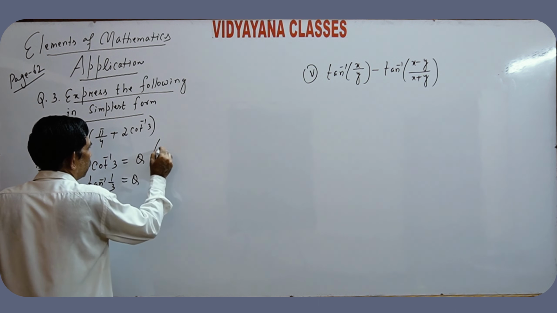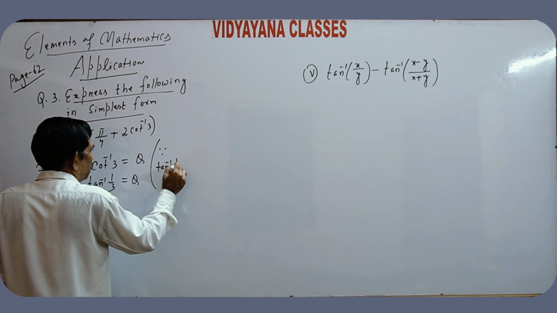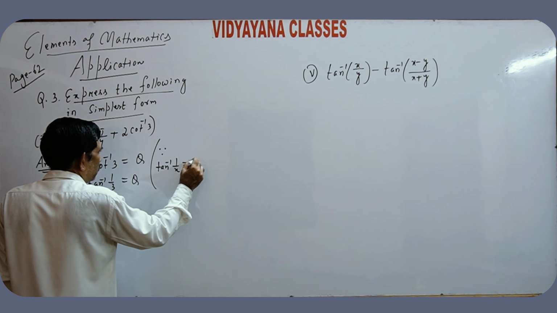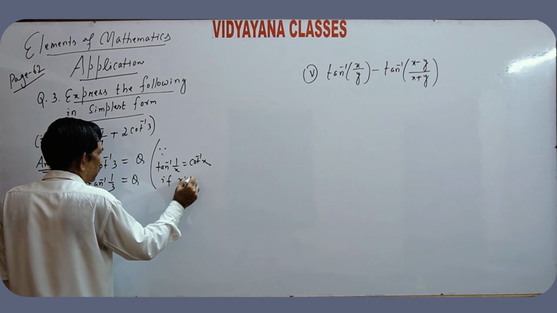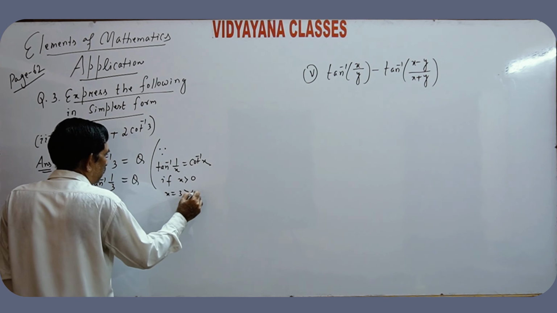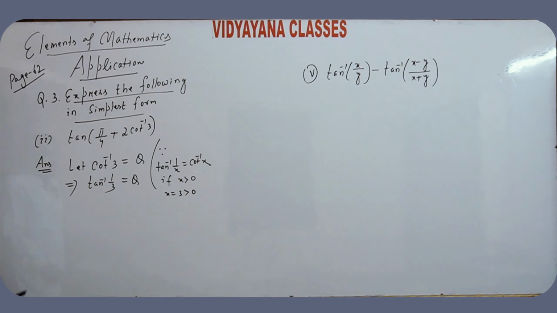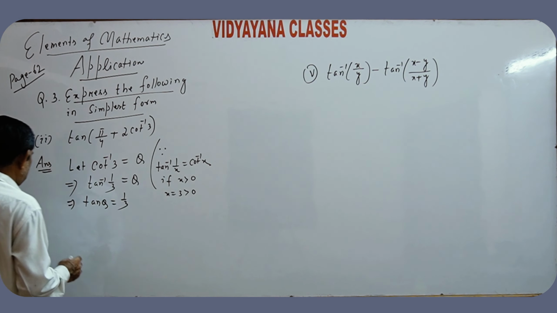Since tan inverse 1 by x is equal to cot inverse x if x is greater than 0, here x equal to 3 is greater than 0. Clear? Okay. Which implies tan theta is equal to 1 by 3.